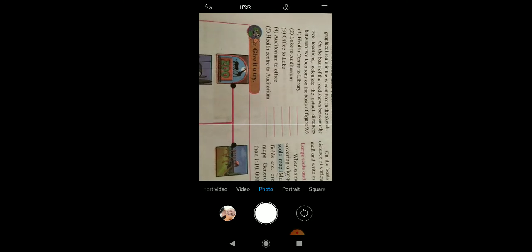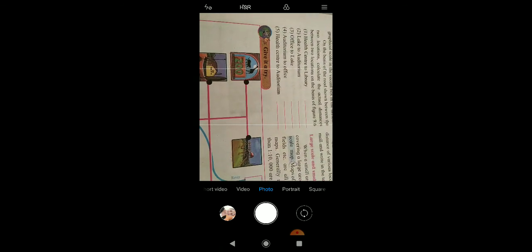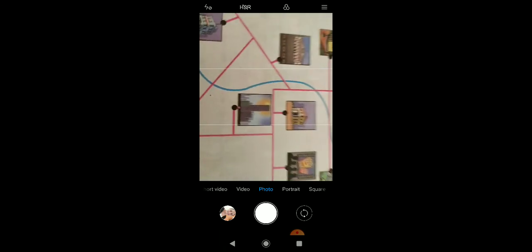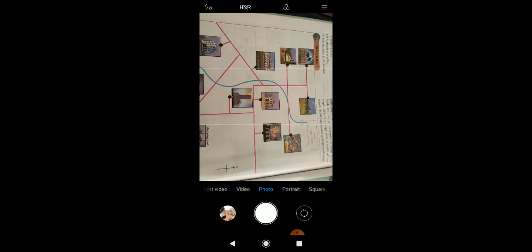So health center to library, lake to auditorium, office to lake, auditorium to office, health center to auditorium. Here you have to find out. Okay, so solve these two activities.